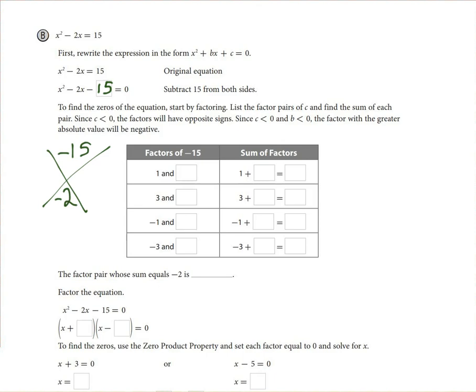So you start thinking about numbers that multiply to negative 15 and then see if they add to negative 2. In this case, those two numbers are going to be negative 5 and positive 3. They do multiply to negative 15 and they do add to negative 2. Okay, you see there, negative 5 plus 3 is negative 2.